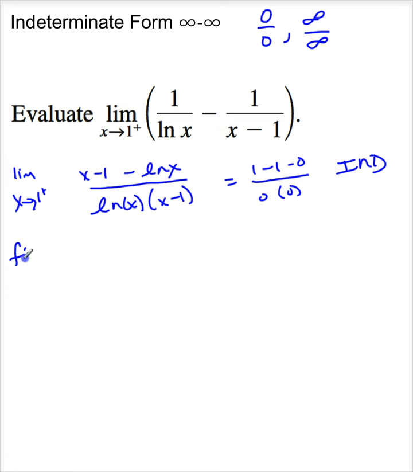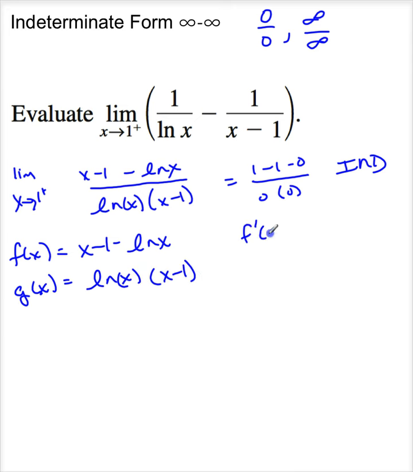So I'm going to let f of x equal x minus 1 minus the natural log of x, and g of x equal the natural log of x times x minus 1. So f prime of x is 1 minus 1 over x. G prime of x, now we're going to have to use the product rule.